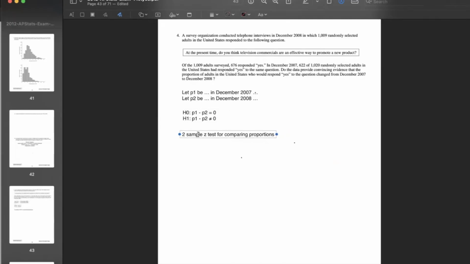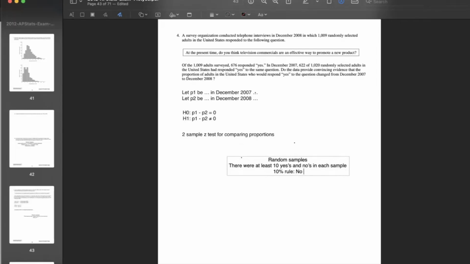All right, and now we can check the required conditions. First, random samples. Yes, and to explain why, you can just say they randomly selected adults. And then normality. For this, you can just say there were at least 10 yeses and nos in each sample. Although they didn't take off points if you didn't specify the 10% rule, it's still best to write it out.